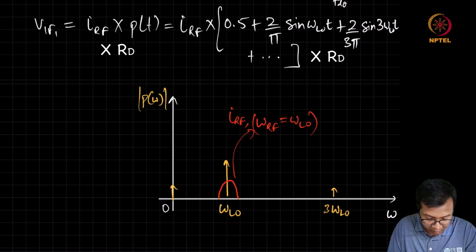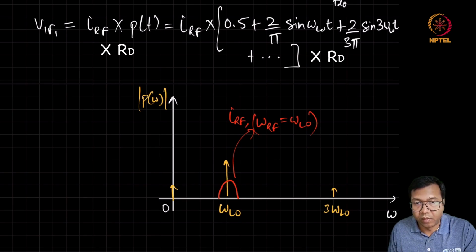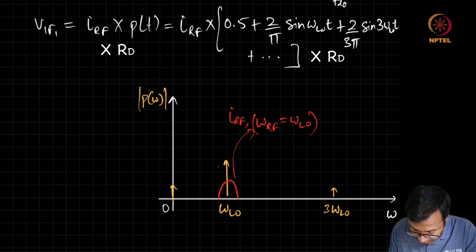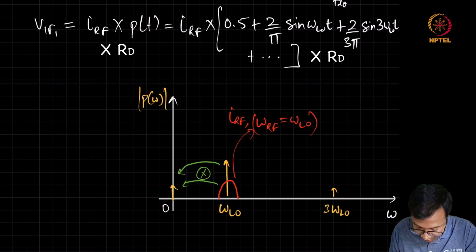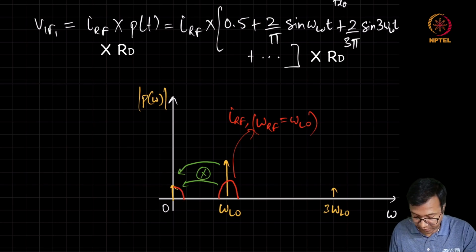So this product will, for example, the fundamental of P of omega at omega LO will translate the signal at RF to baseband. It is going to result in a signal like this.